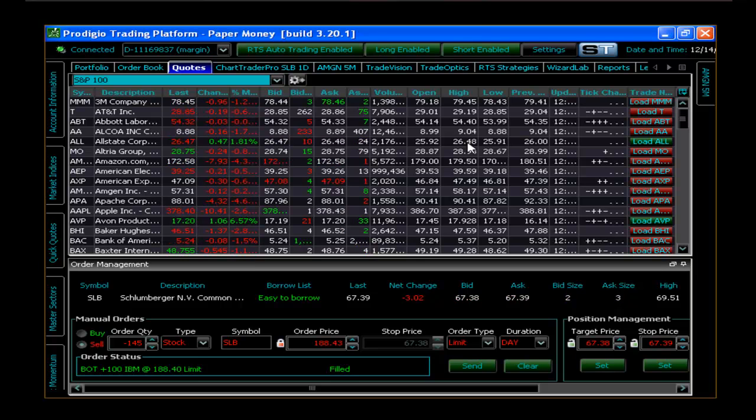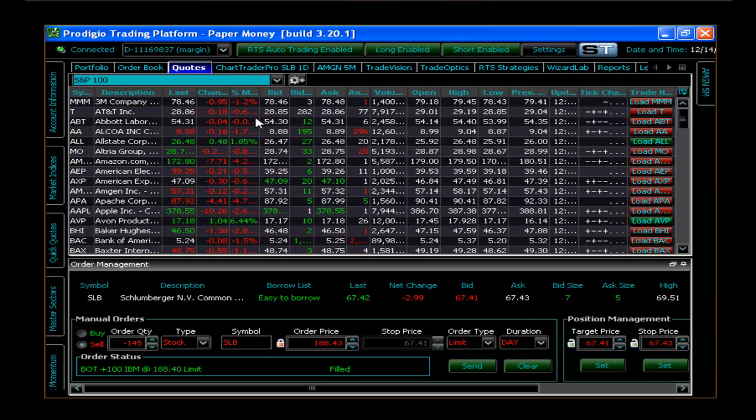In other words, you can now, in the next build, use the quotes table in order to perform any kind of technical analysis or to review the recent history of Wizard Lab rule signals in a matrix format across any arbitrary number of symbols. So there's a lot of work that went into that. Us on the tech geek side, we had to worry about all of our caches and all that kind of stuff. There's a brand new editor that allows you to go in and modify this table.